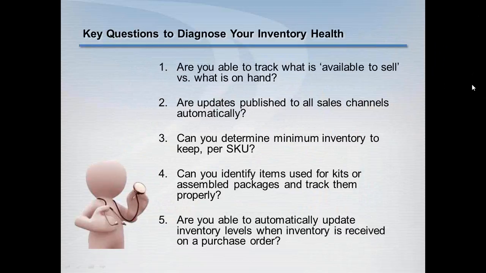Well, I need to be able to account for the inventory for those individual items because I have them listed on my site, but I also need to be able to account for the available to sell of that package or duo. So with that, you have to have some sort of system in place that can calculate how many kits can be assembled on demand, based on the unit count or inventory count of those individual units.